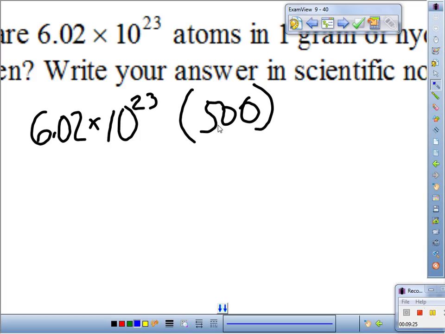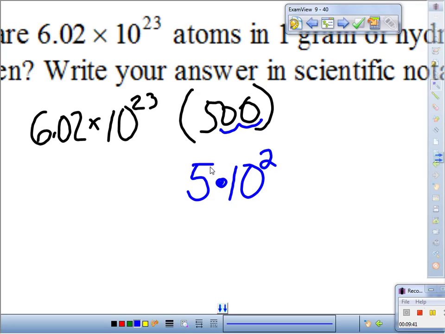So I'm going to make this first in scientific notation. I put my invisible decimal and I move it twice to the left. Then I write 10 to the 2nd power, times what's left after moving the decimal twice, just 5. Are we there so far? This is scientific notation. Now we're going to multiply times 6.02 times 10 to the 23.